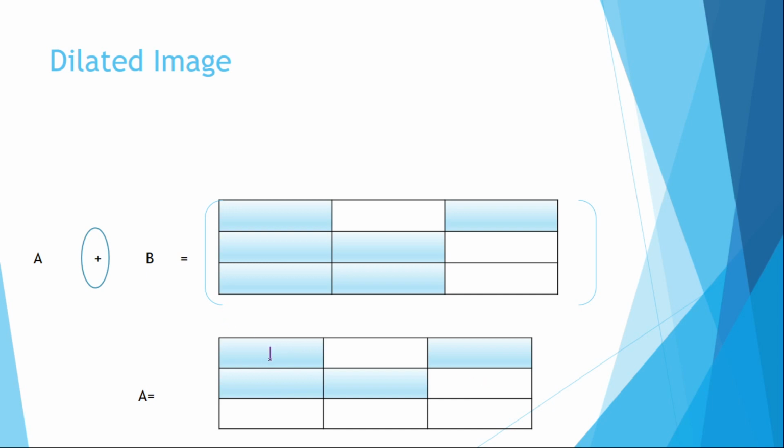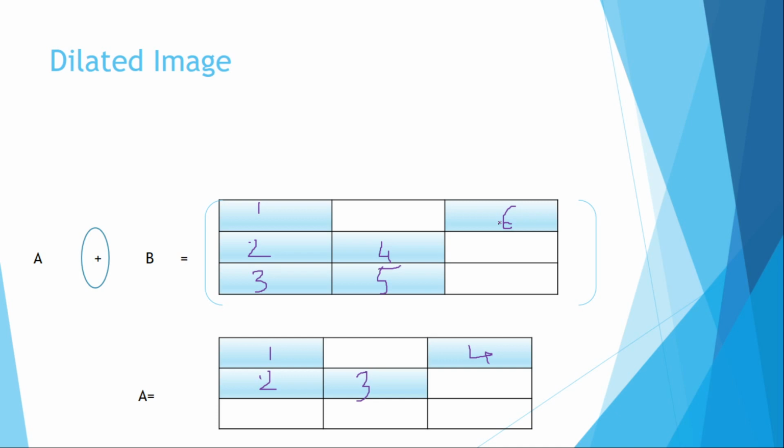In this, observe the image of A has only 4 fully filled cells. But in A dilated B, we have 6 cells. Nothing but the object cells have increased in the A dilation of B. In this scenario, there are 2 extra cells in the A dilation of B. So whenever I do the dilation operation on any image, the object size increases.